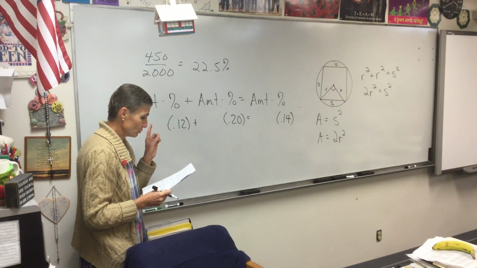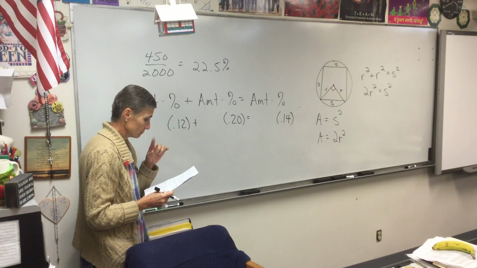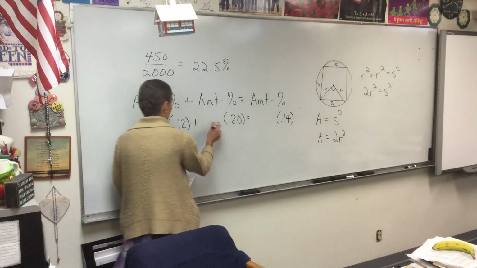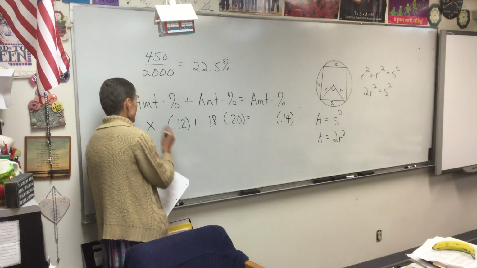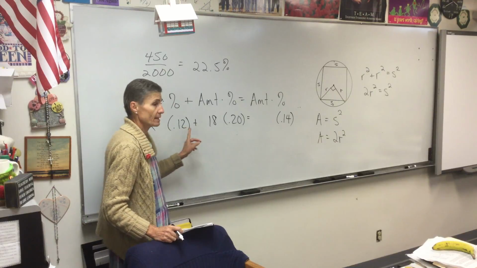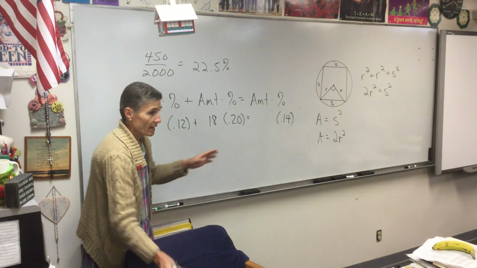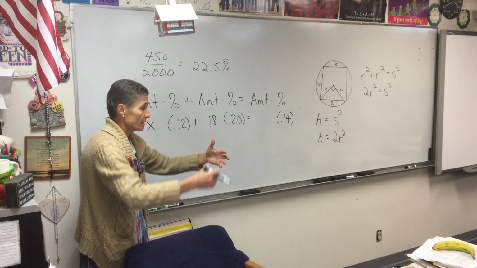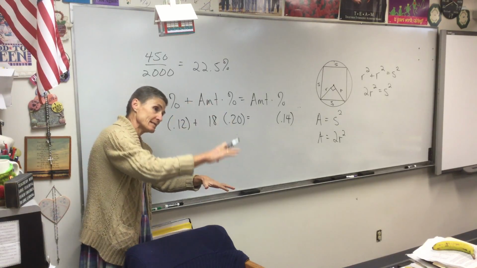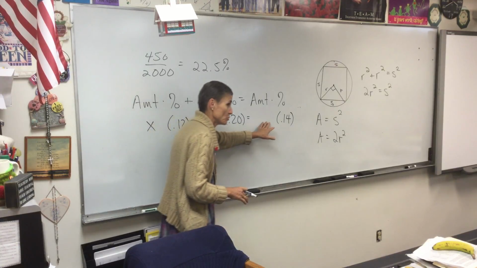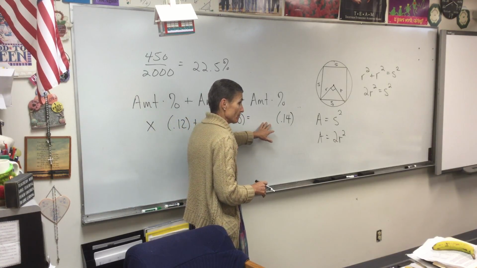Now, which amount do I know? Not the vanilla. So I know this one right here, 18. I have no idea how much vanilla I'm mixing in, right? But I do know, here's my big bucket, I'm dumping in x gallons of vanilla and 18 gallons of chocolate, so how much do I have altogether? 18.